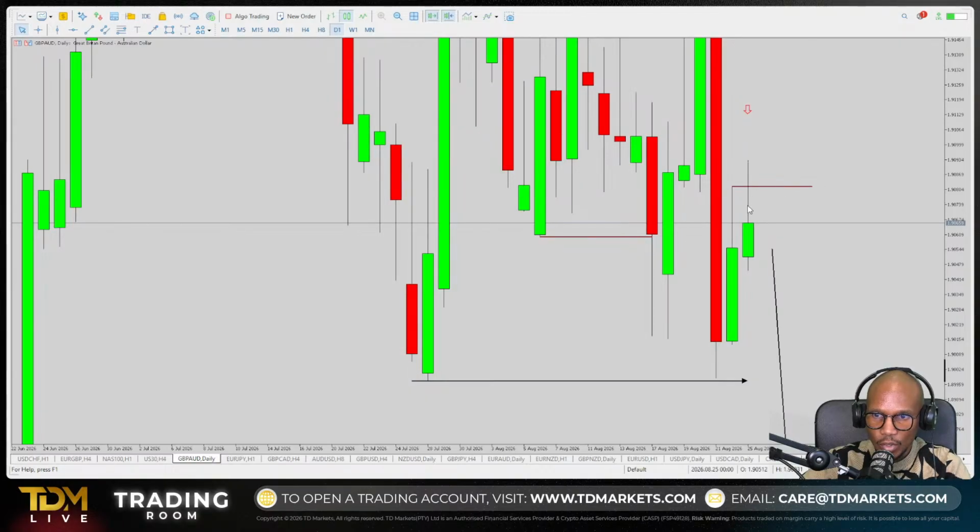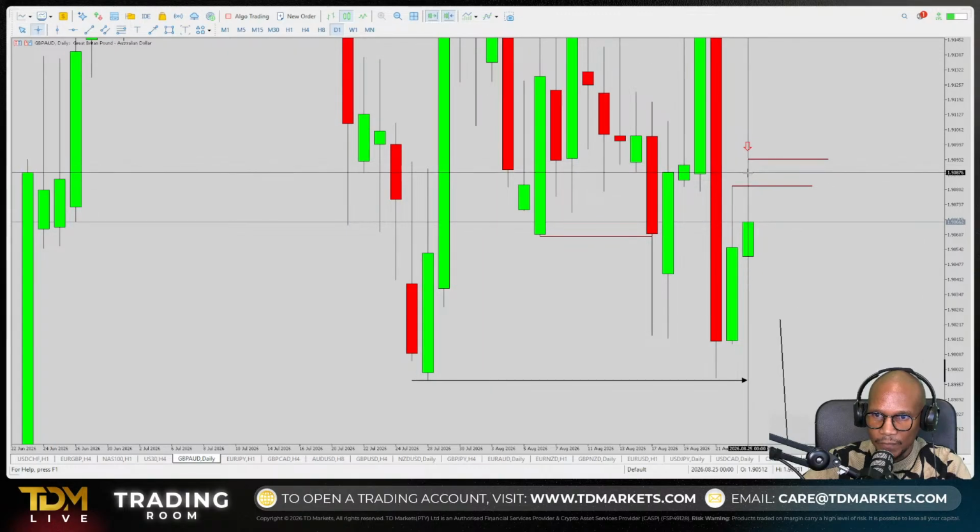So if this closes with a week like this, right? So we would get a high there. If the next candle closes with a week lower than these weeks, I'm going to get a lower high there.